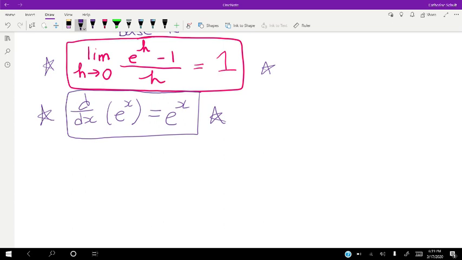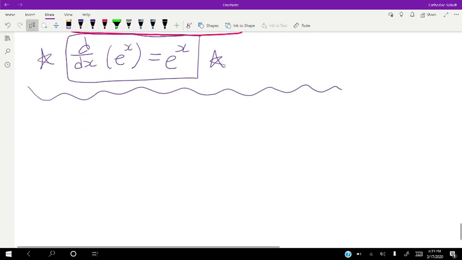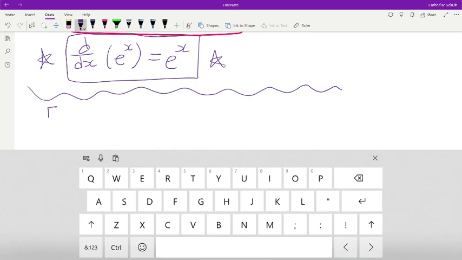All right, so let's fool around with that. Let's repeat. We know what the derivative of a constant is. We know the derivative of x, and we know the derivative of x to the n. And now we know what the derivative of e to the x is. So let's try this final problem in this section.